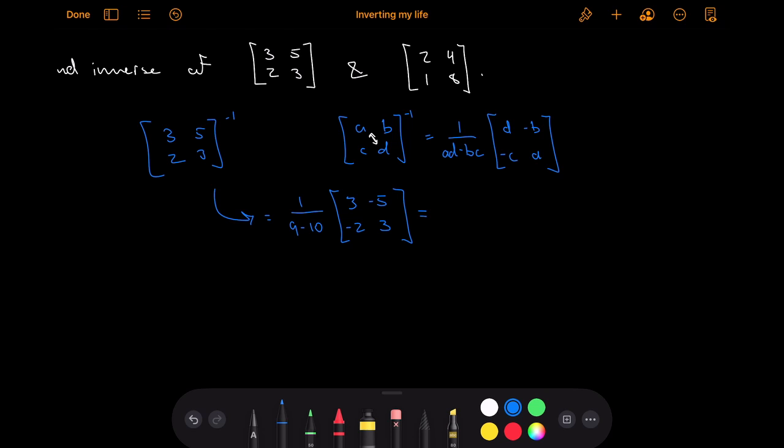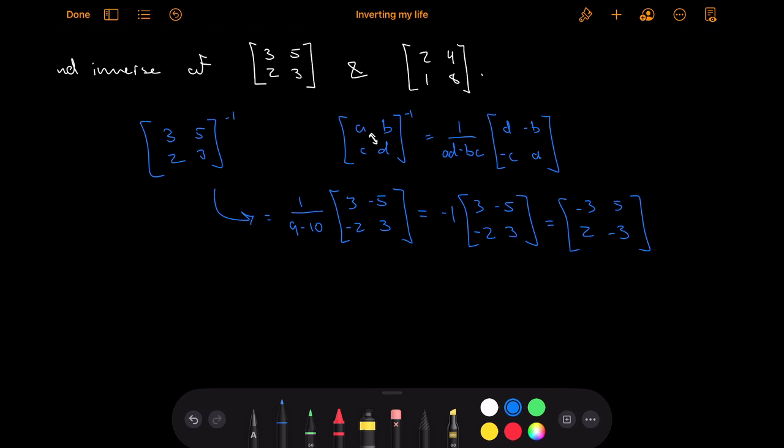And so 9 minus 10 is -1. So this would be -1 multiplied by 3, -2, -5, 3, which is equal to -3, 2, 5, -3. And so that's the inverse of the first one.